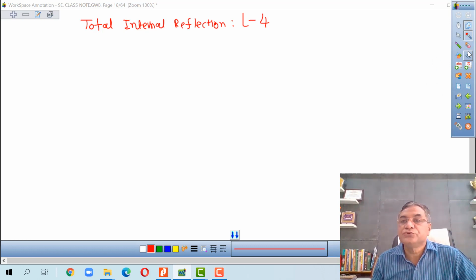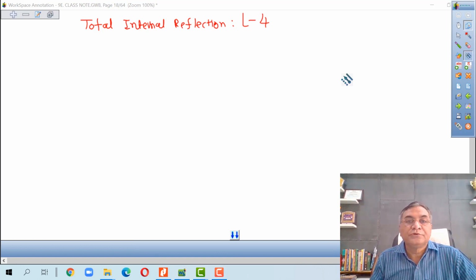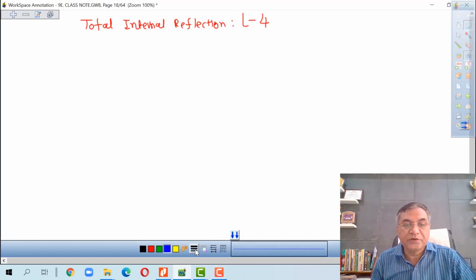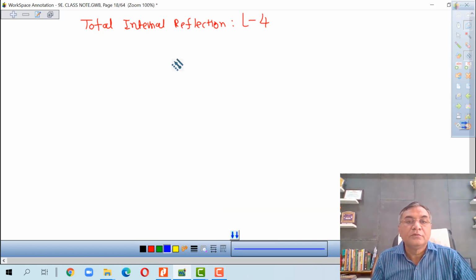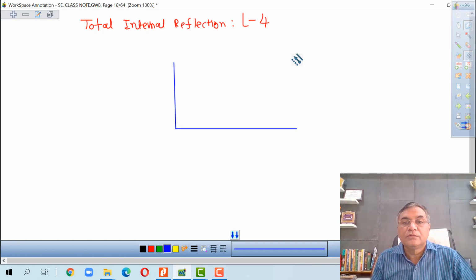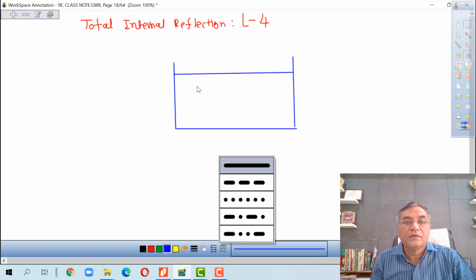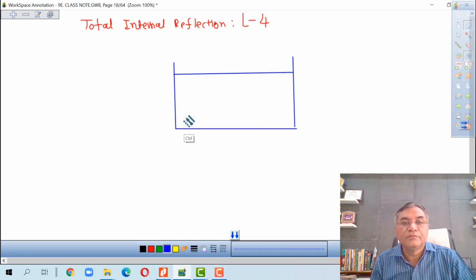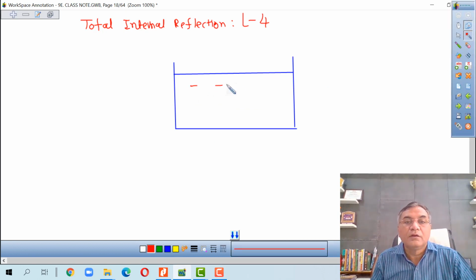તમે demonstration જોયું. So here I take one transparent medium, fill with some liquid, maybe anything. This is source of light.